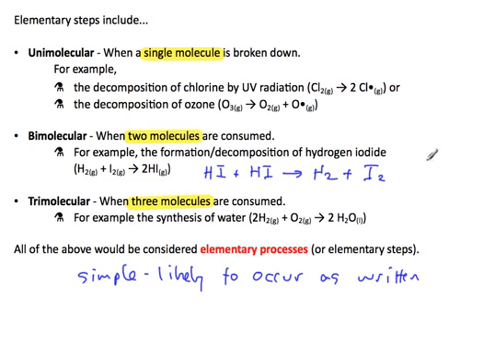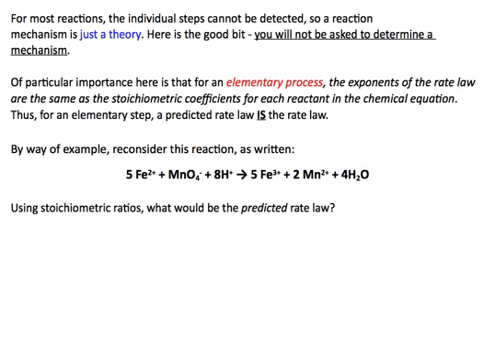And as we saw in the billiard ball scenario, the bimolecular process is probably the most common. Unimolecular, not as common, and certainly trimolecular, not as common. So a lot of elementary processes involve bimolecular steps. For most reactions, the individual steps cannot be detected, so a reaction mechanism is just a theory.